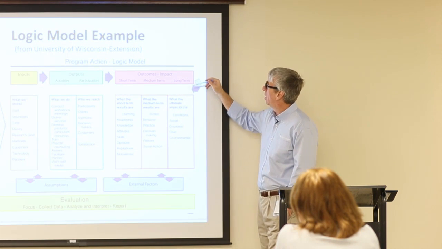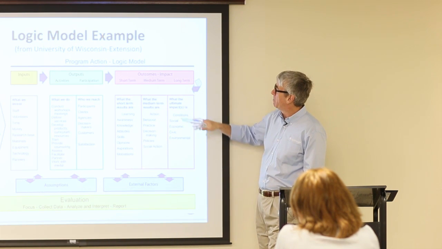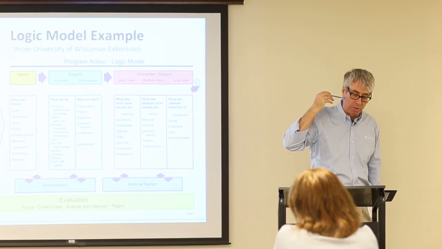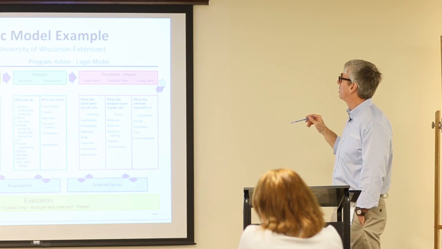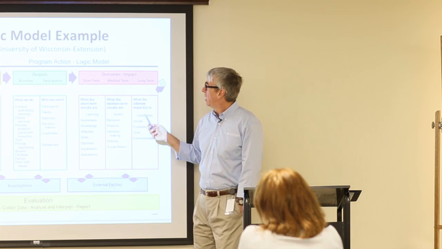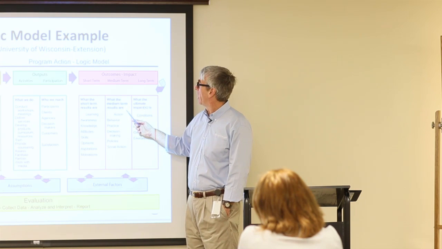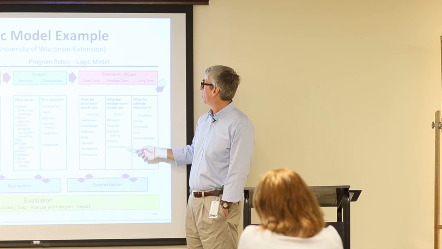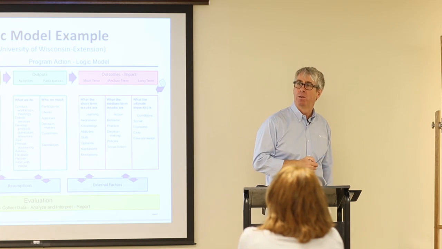If we look at outcomes and impact, let's just use the depression screening again for a moment. Let's start with the end in mind. For that program, this particular logic model asks three questions. What are the short-term results? What are the medium-term results? And what is the ultimate impact?